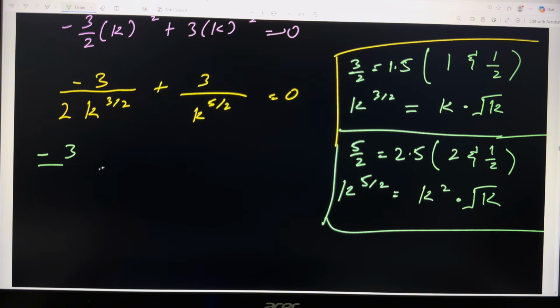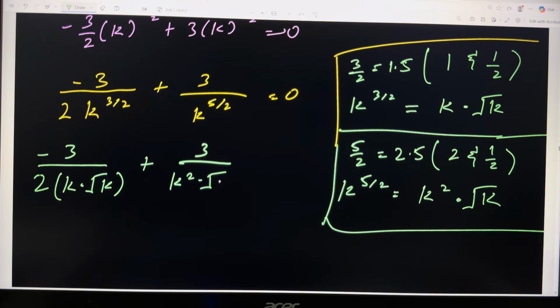So 2 upon k times 2k. Don't let the k multiply by 2 alone; the whole bracket will multiply by 2 because it's multiplying by all of this. So k root k plus 3 upon k squared root k is equal to 0.